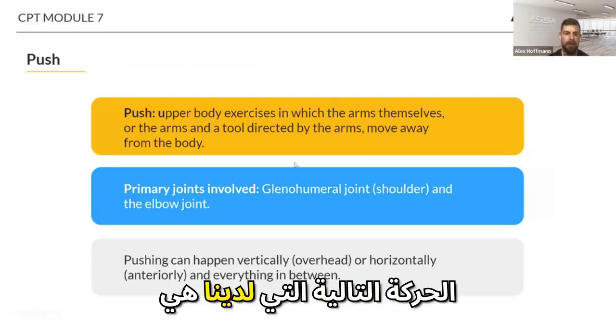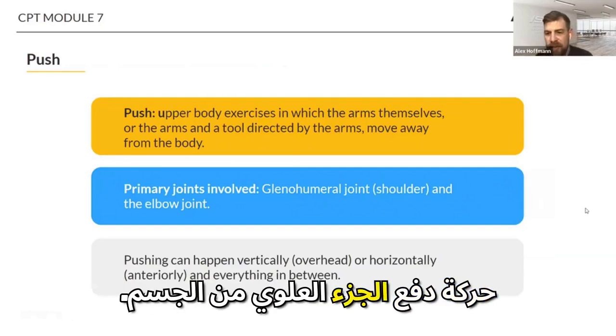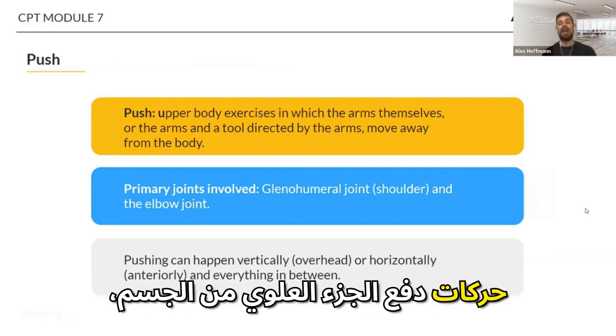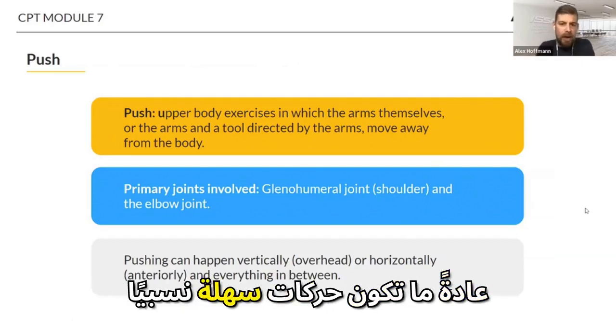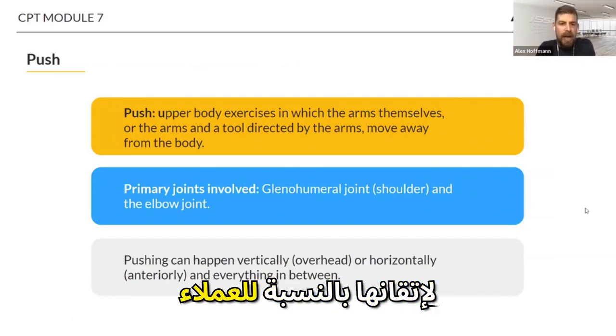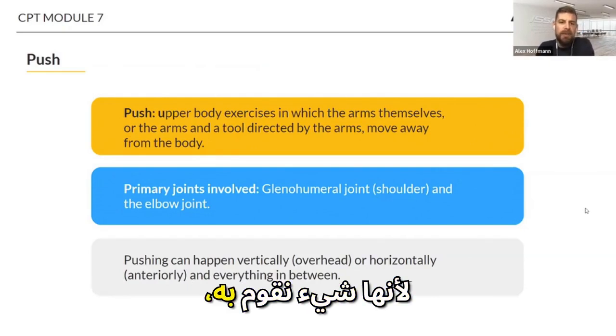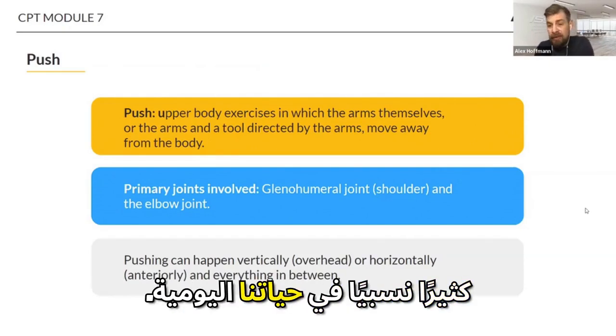Next movement that we have is the upper body push movement. Upper body push movements are typically movements that are relatively easy to master for clients because it's something that we're doing relatively often in our everyday life.